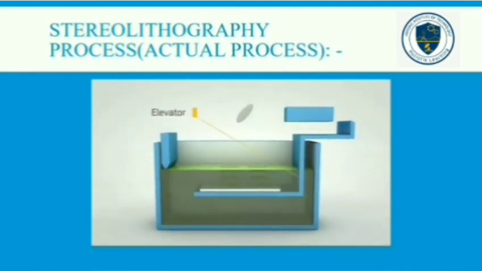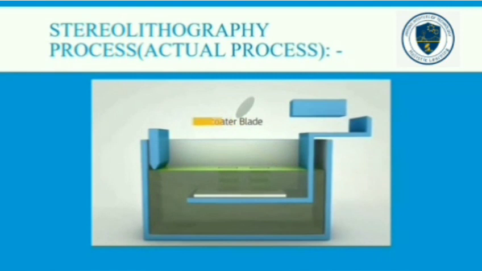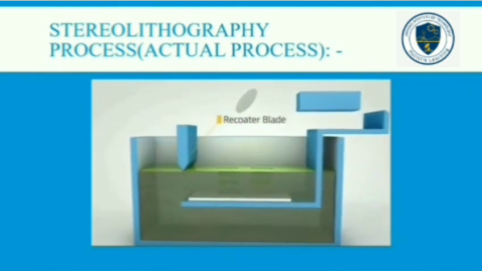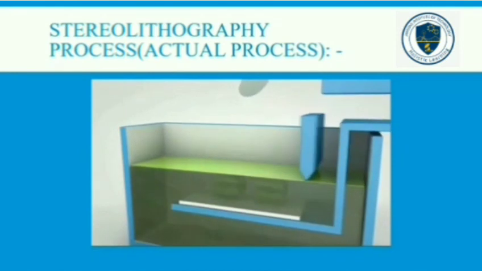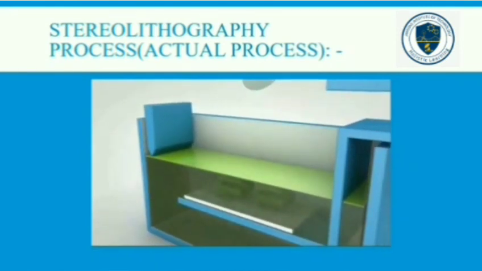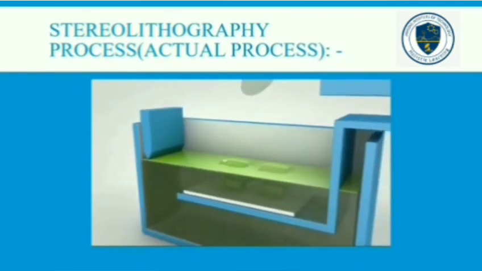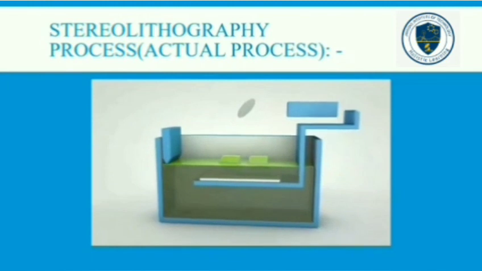After it makes the first layer, the elevator moves down. After moving down, the recoater blade passes through this created layer to wipe unwanted resins from the created layer and make the bonding neatly. This entire step is followed and produces the whole component.